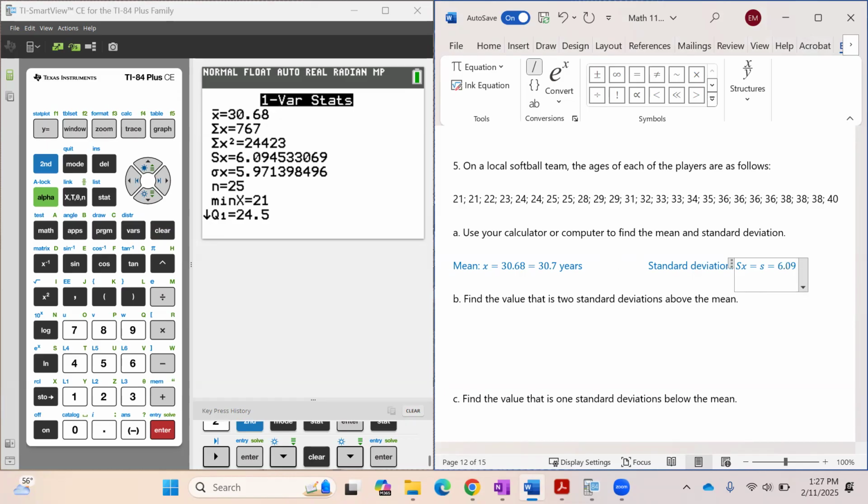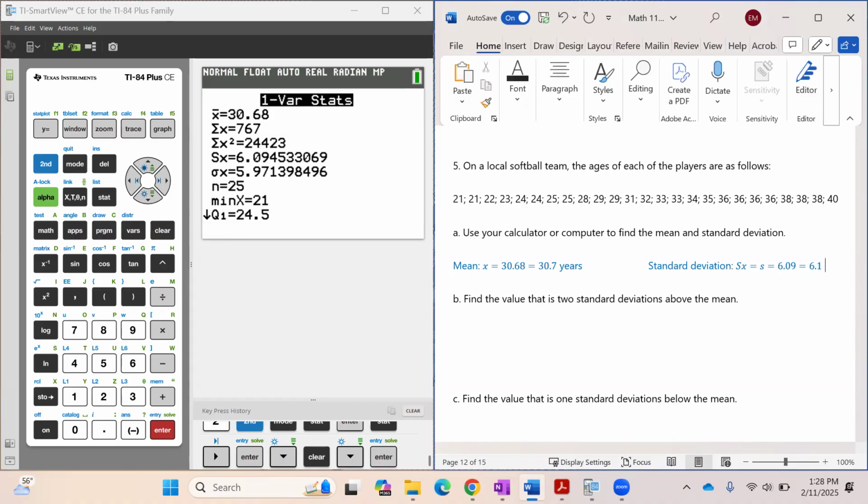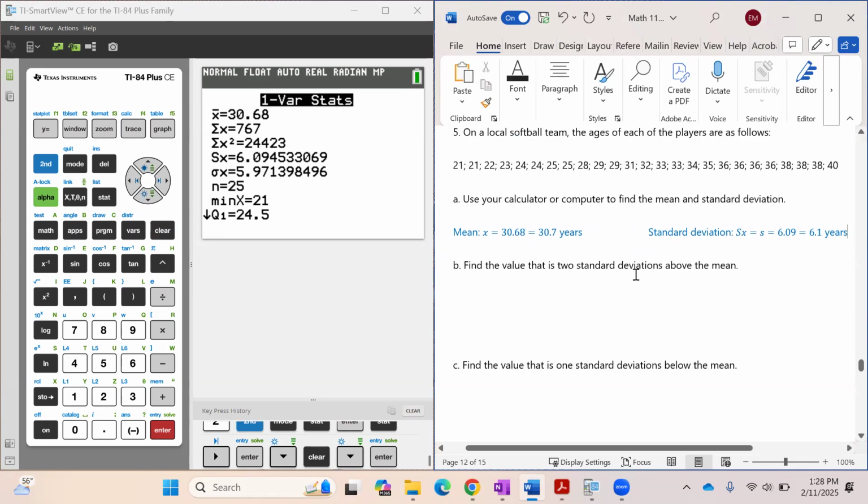And we want to round to one decimal place, so the 9 rounds up that 0 to a 1. So it becomes 6.1 years. All right, so that is our mean and standard deviation, and we're going to use both of these values to find the values a certain number of standard deviations above or below.